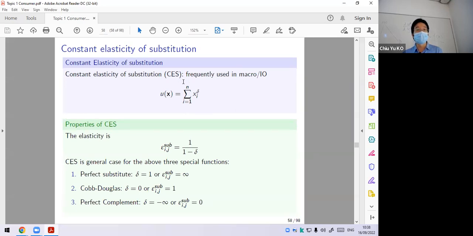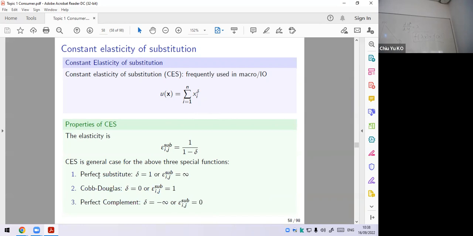And this one has a nice feature. The good thing is that by changing this sigma, sorry, delta, you can have different forms. Delta equal to 1, you have perfect substitutes.